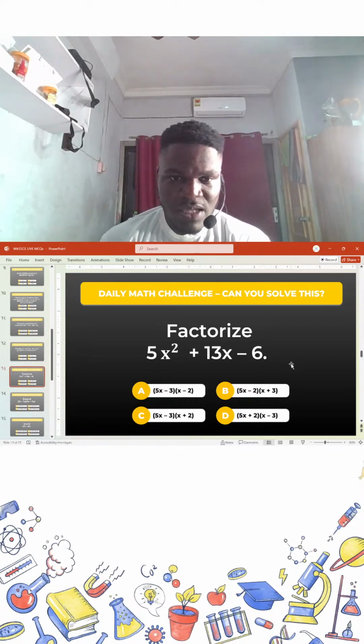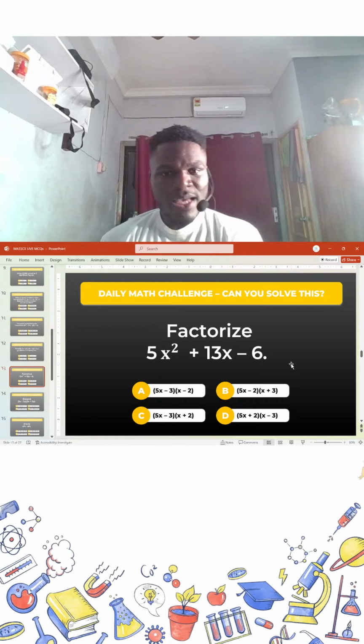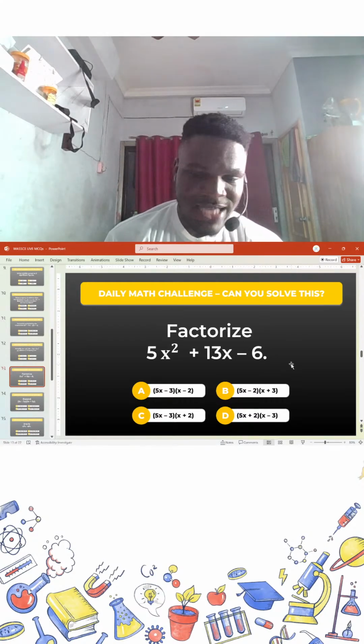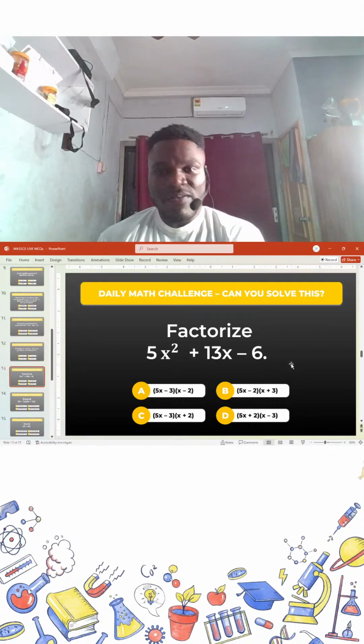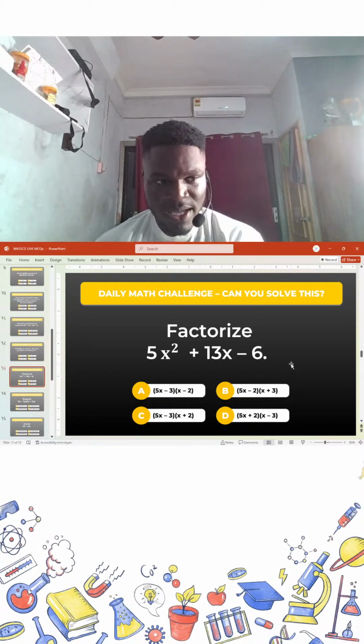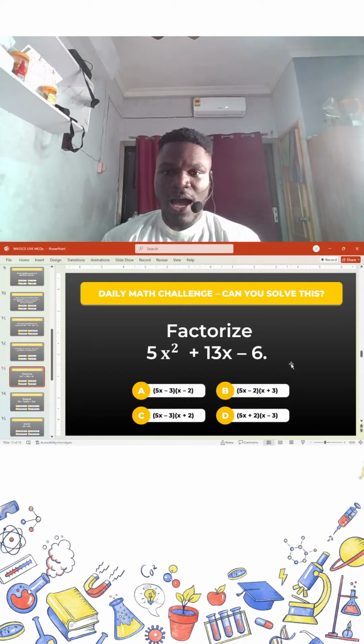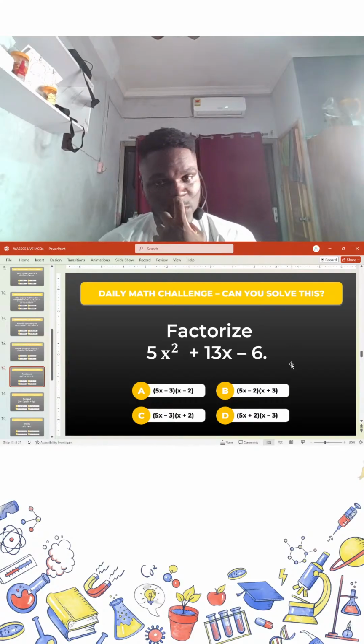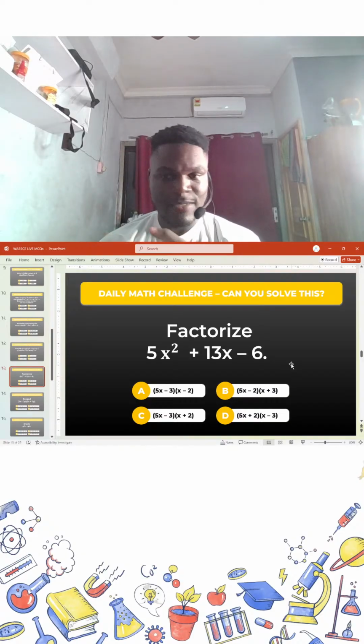Then option C: bracket 5x minus 3, and another bracket x plus 2. And then option D, the last option: 5x plus 2 in bracket, multiplied by another bracket x minus 3. So those are our possible answers for this particular question. We have to factorize 5x squared plus 13x minus 6.